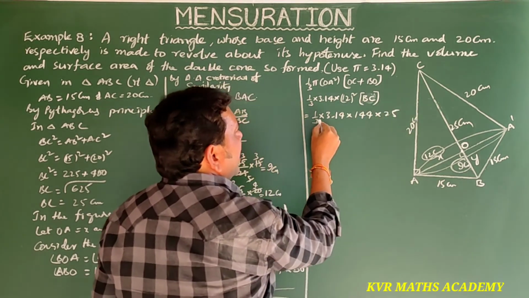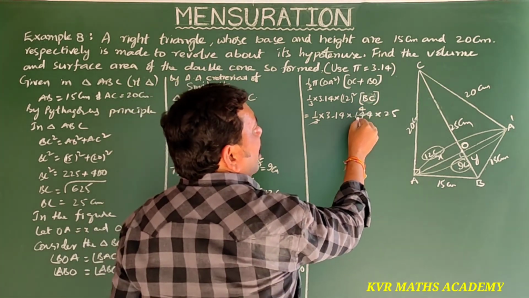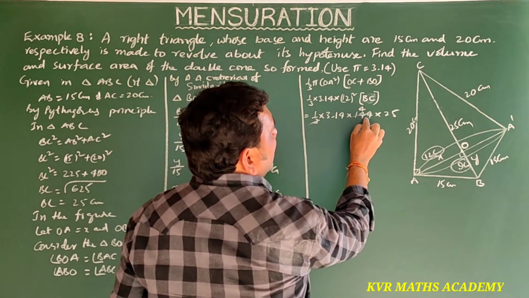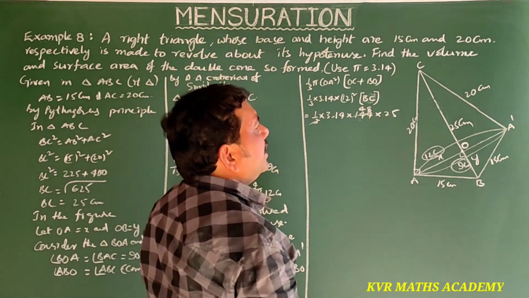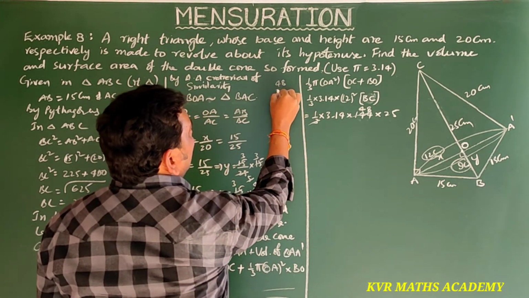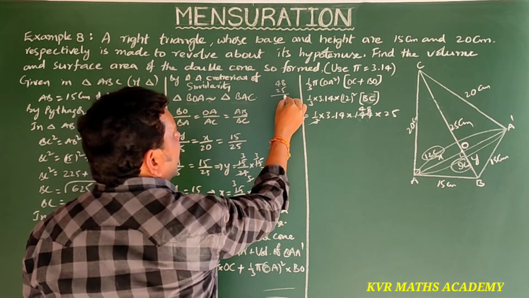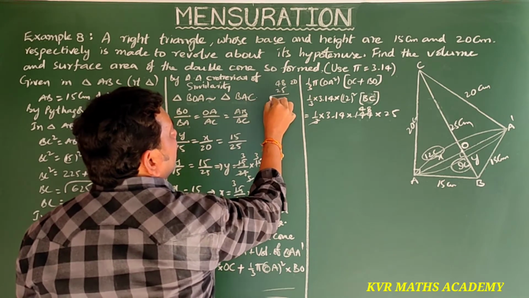3 in 144 how many times? 3 4s are 12, next 3 8s are 24. Now 25 into 48: 25 8s are 200, 200 means 20 is there, 25 4s are 100, plus 20 is 120.